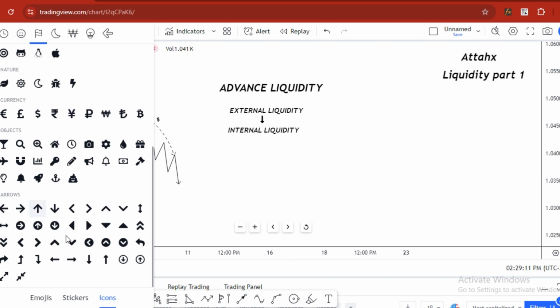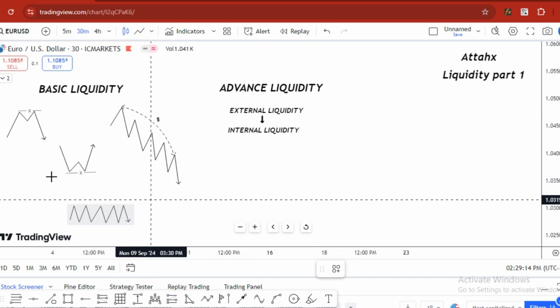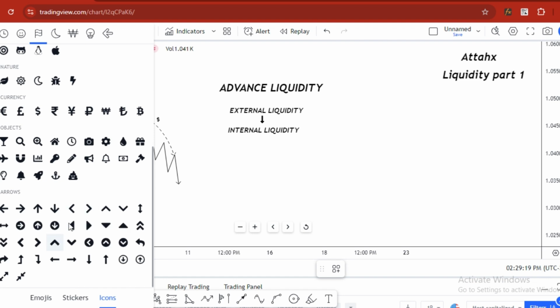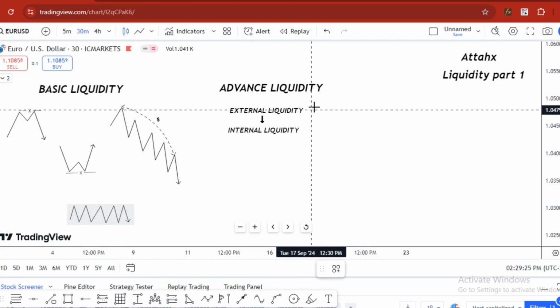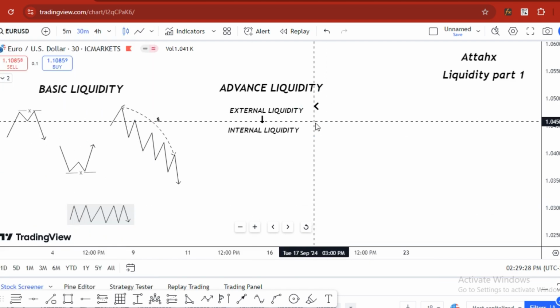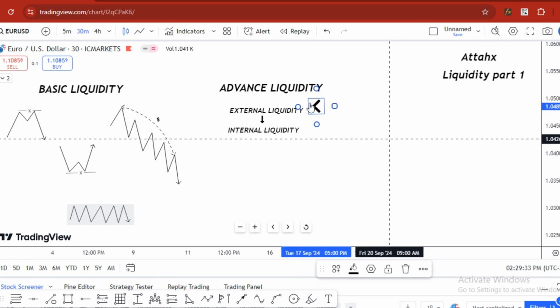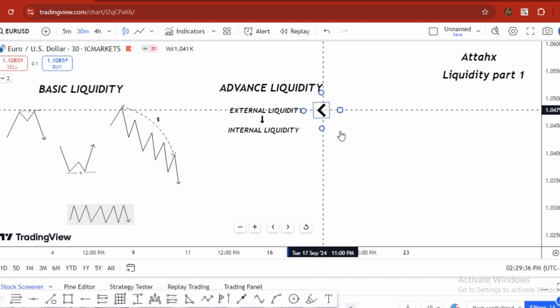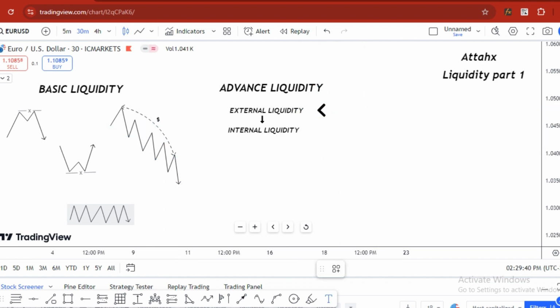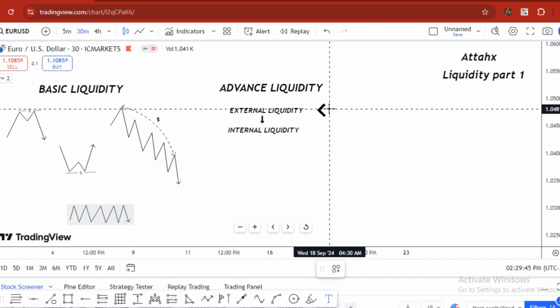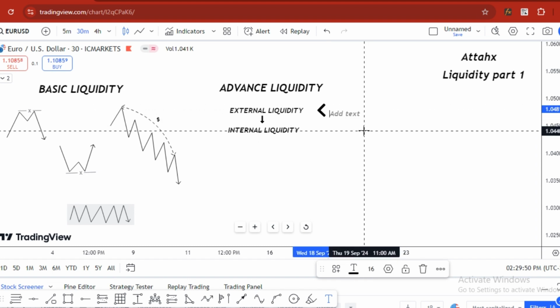And when we have the external liquidity, we are talking about, okay, let me use something bigger. Okay, let me just use this, right? All right, so when we talk about the external liquidity, we are talking about the swing points.